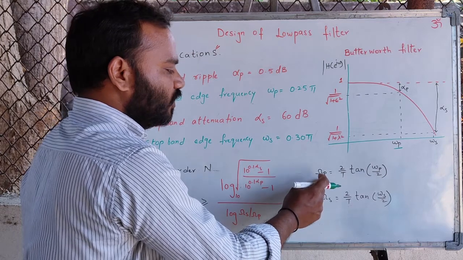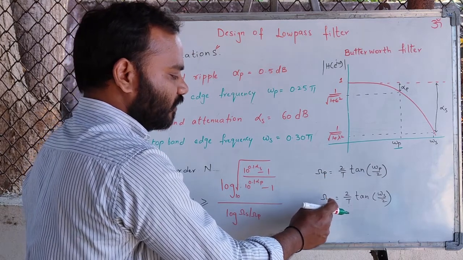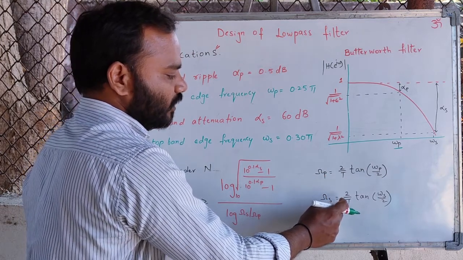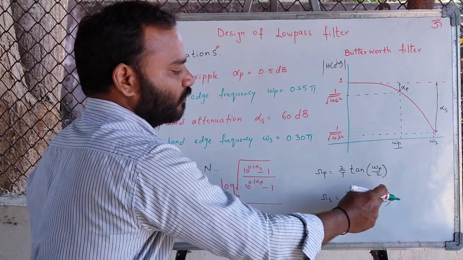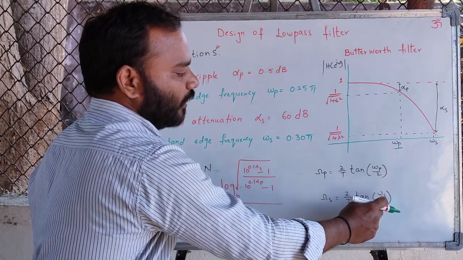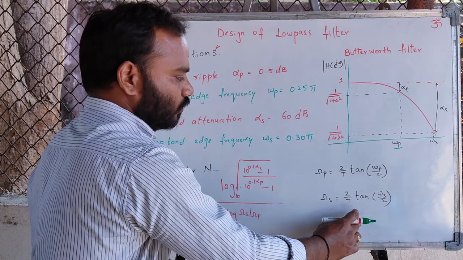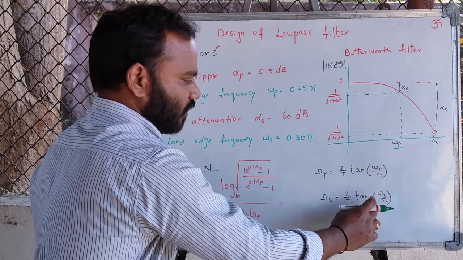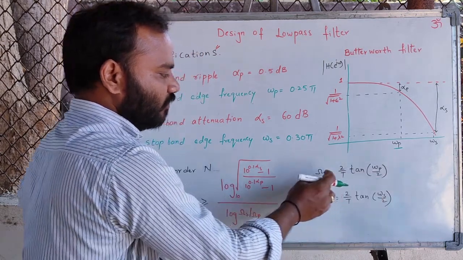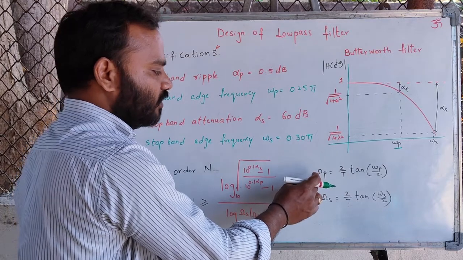And for the stop band frequency, analog stop band frequency is equal to 2 by T tan of digital stop band frequency by 2. So, having defined this, from the digital specification, we will get the analog frequency value.